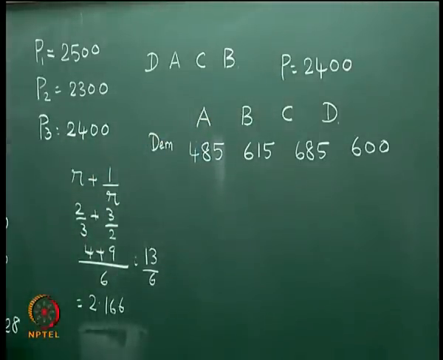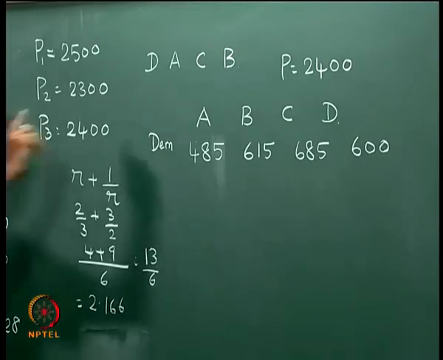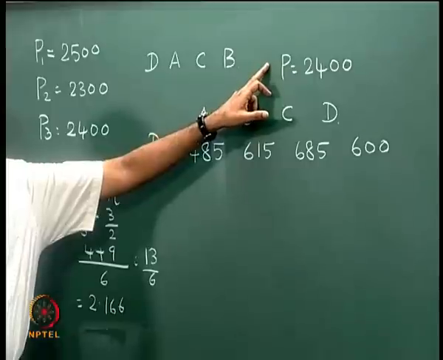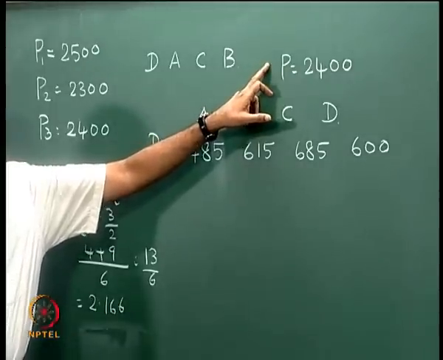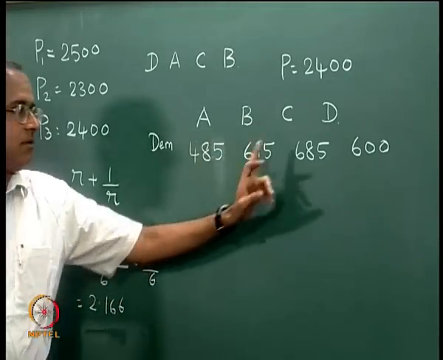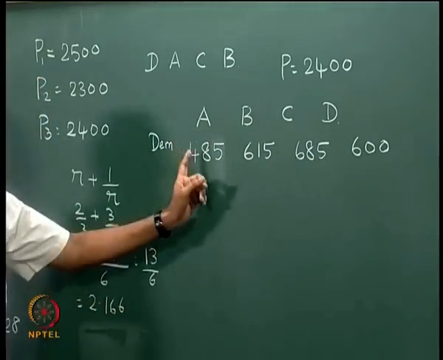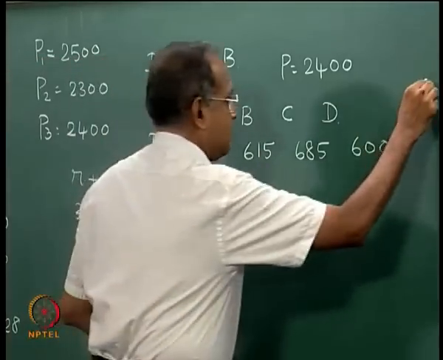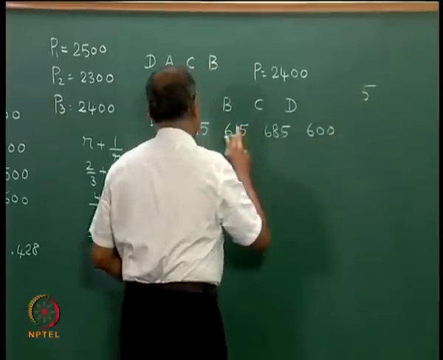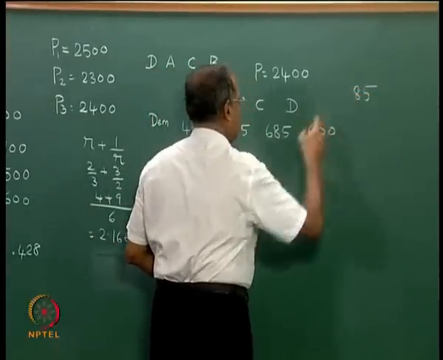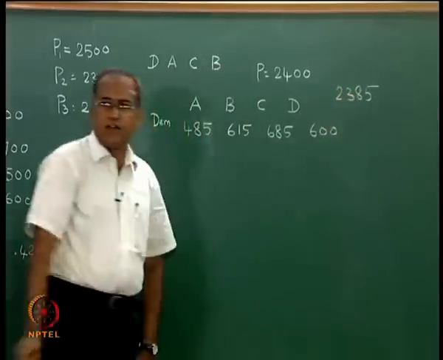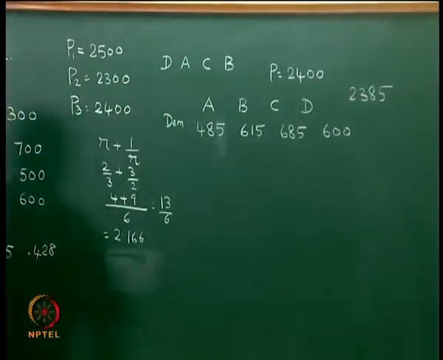Now we could also get into a situation where the average monthly production, the equivalent term, which is 2400, may not be equal to the sum of these four. For example, sum of the average demands is 485 plus 615 plus 685 plus 600, 2385, which is less than 2400.